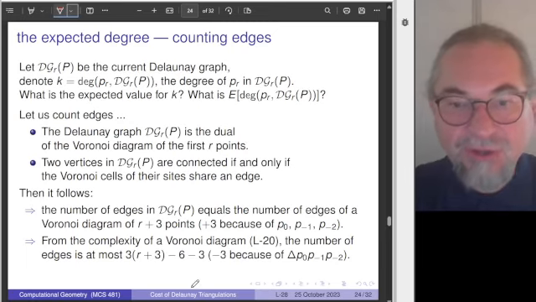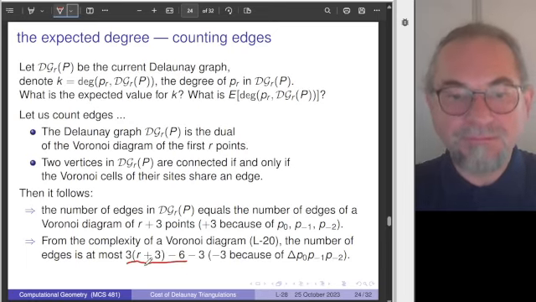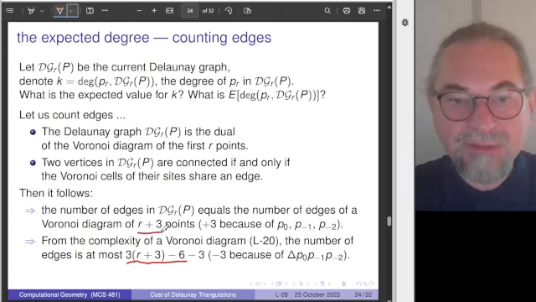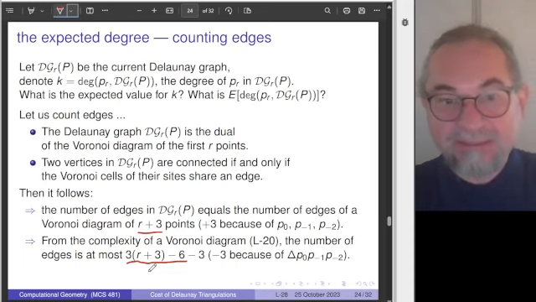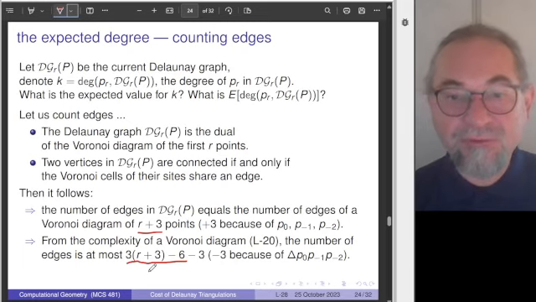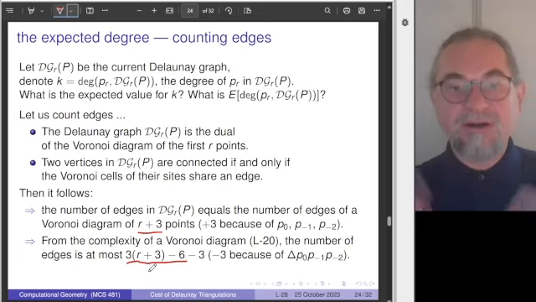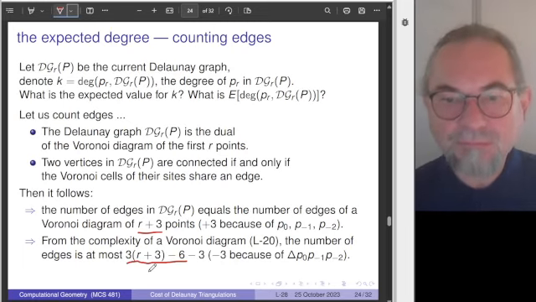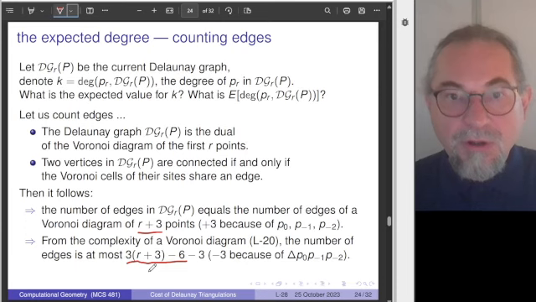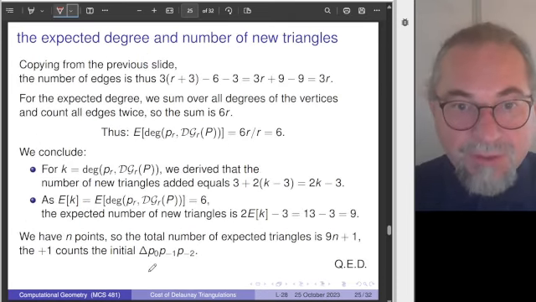Okay, so from the complexity of a Voronoi diagram, we had actually this formula. The number of edges is 3 times n minus 6. You can check it with lecture 20 or you can check the textbook. We have to subtract the edges from this large initial triangle. Okay, this gives us a formula.